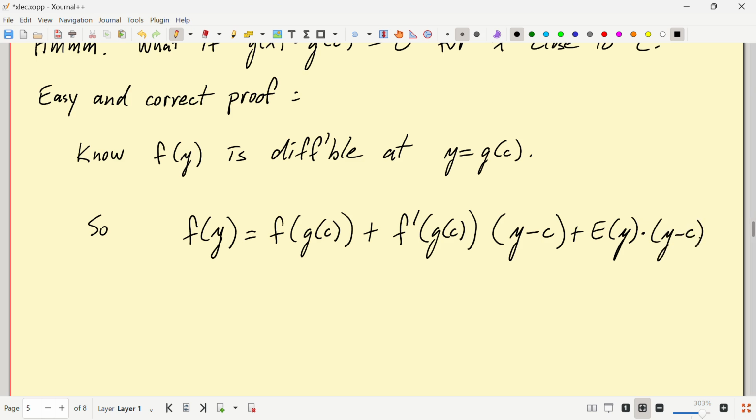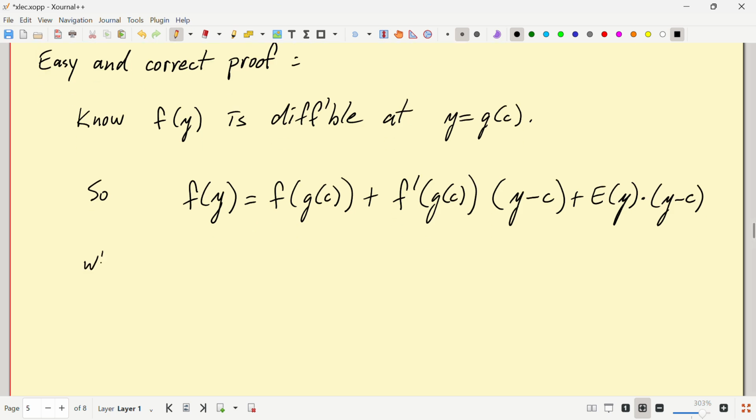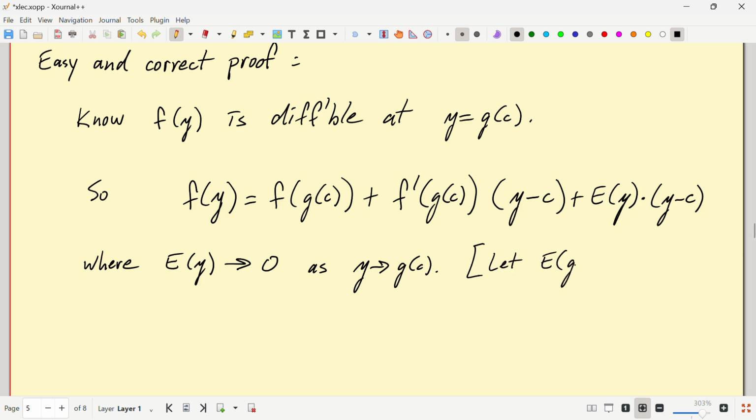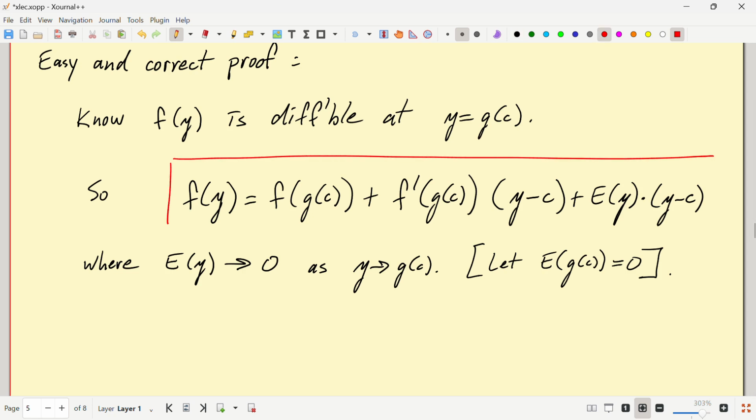All I did was change the x's to y's and the c to g of c in that formula, where e of y goes to 0 as y tends to g of c. And you remember we let e of g of c be 0 to make it continuous. Okay, maybe I should put that in a big red box. Call it star.